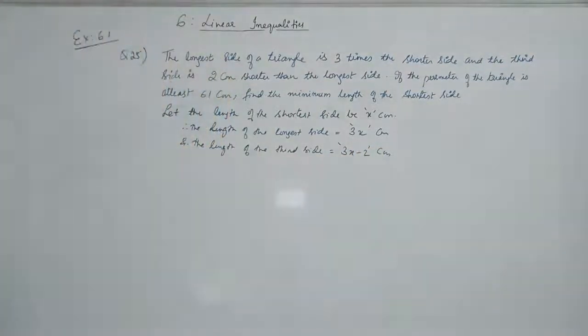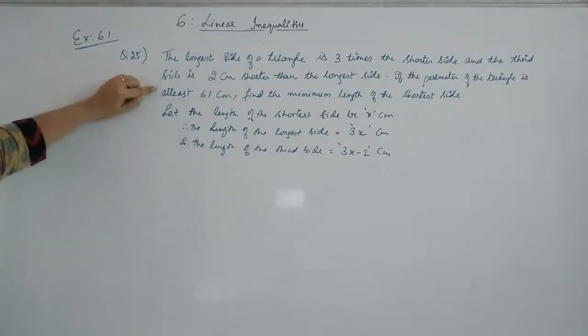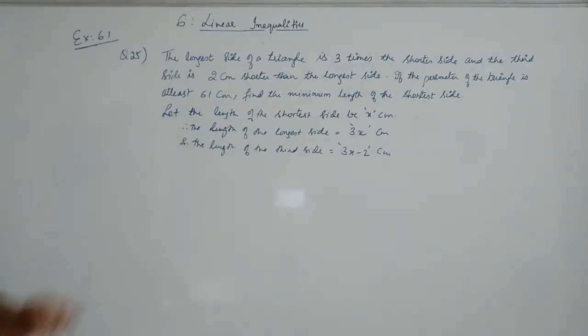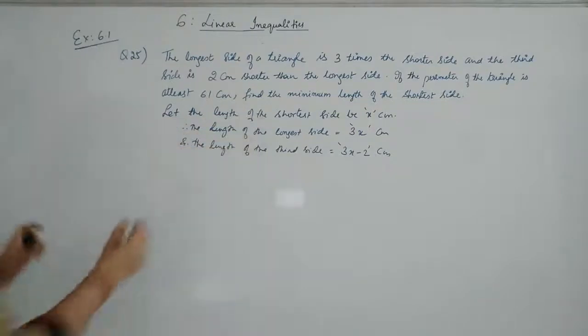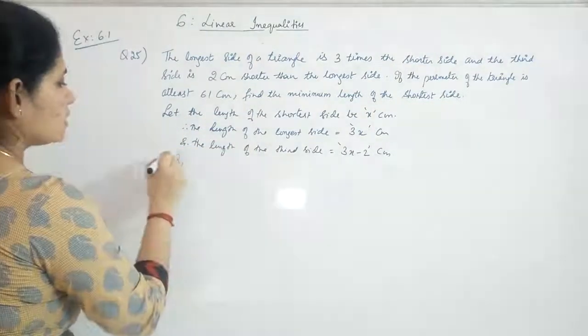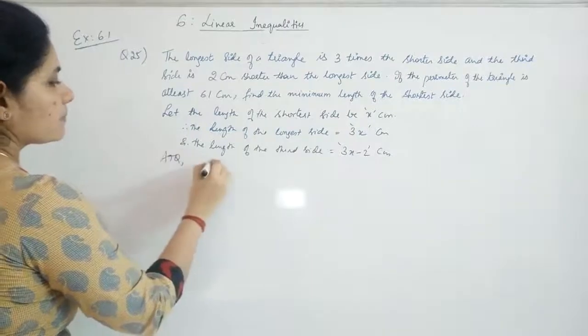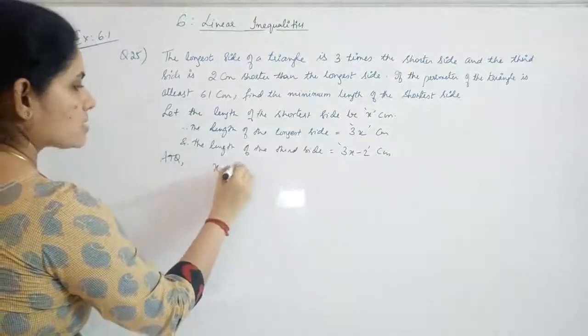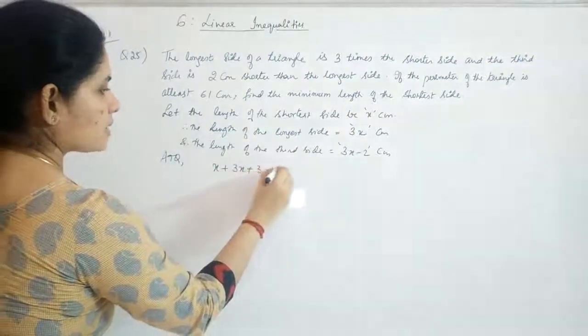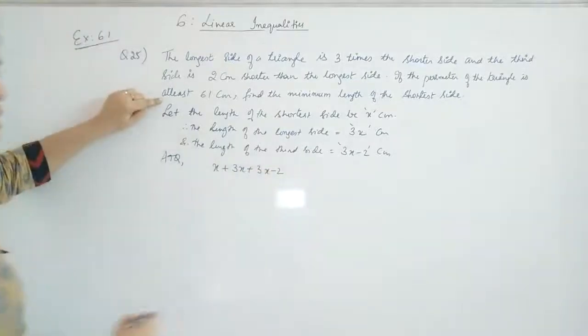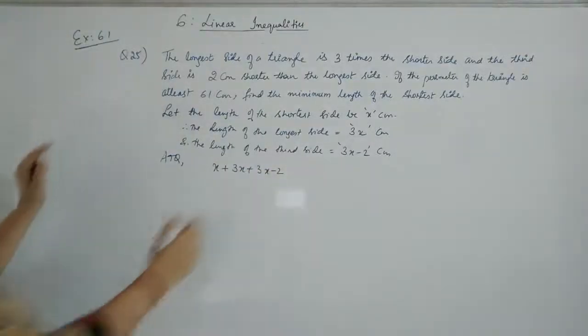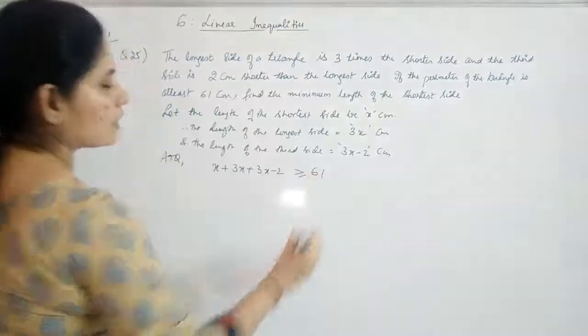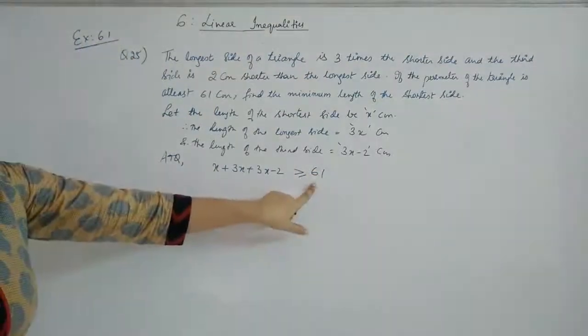Okay, this much is from the question. Now what they have said is the perimeter should be at least 61. Perimeter means the sum of all 3 sides. So according to the question, the inequality is x plus 3x plus 3x minus 2. At least means it is greater than or equal to 61. That means the minimum value should be 61. It can be more than that also.